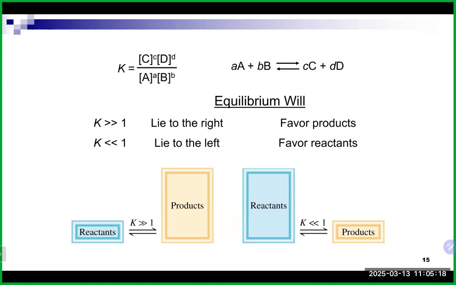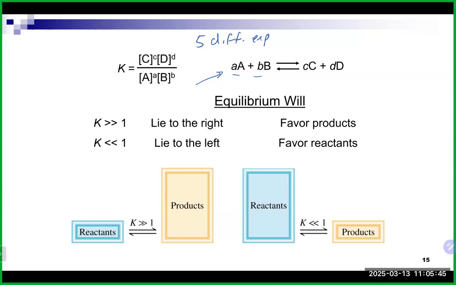Now, it is always going to be a constant value regardless of what you start with. What I mean by that is you could do a reaction for this one here, and you could do like 5 different experiments. Let's say in the first experiment, you started with just reactants, no products.